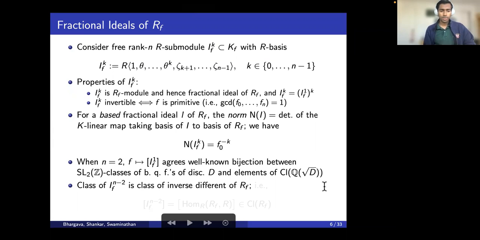And another important thing to keep in mind is that IF n minus 2 happens to be an explicit representative of the class of the inverse different of the ring RF. That is to say, as RF modules, IF n minus 2 is just RF dual. That will be important for the parametrization.